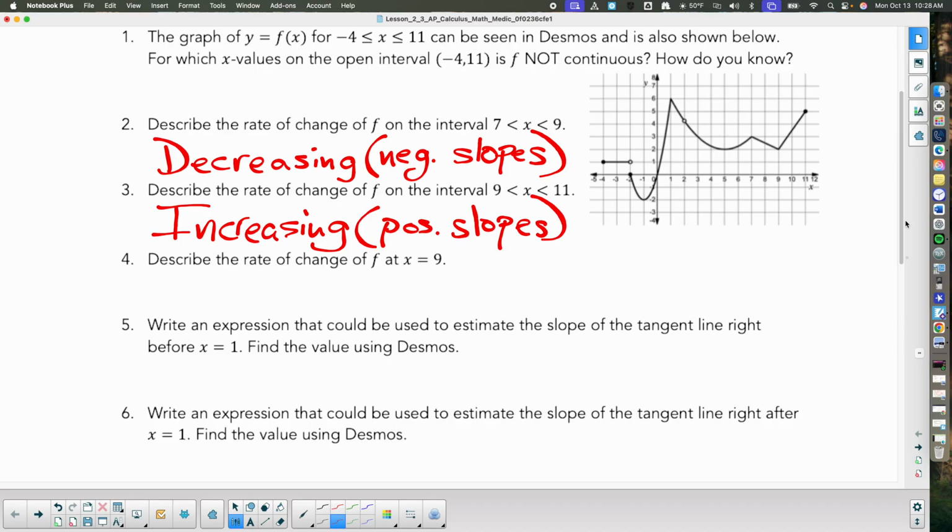There's no slope. Okay, perfect. I don't think we've talked about that, have we? Okay, if there is a sharp point, there will be no slope. Slope can only happen when it's a continuous, smooth curve. Sharp points have no slope.